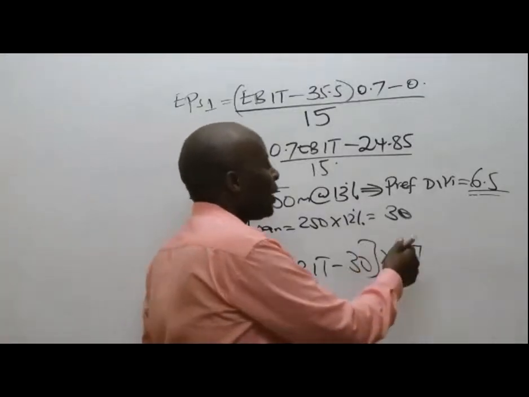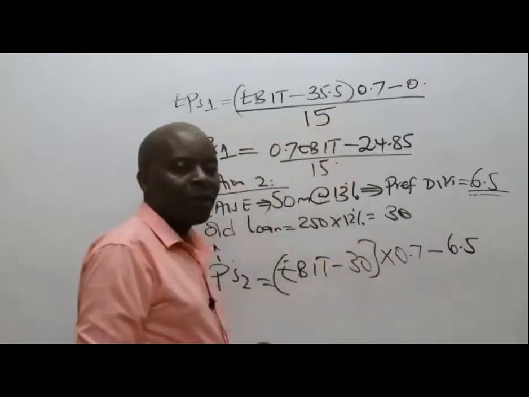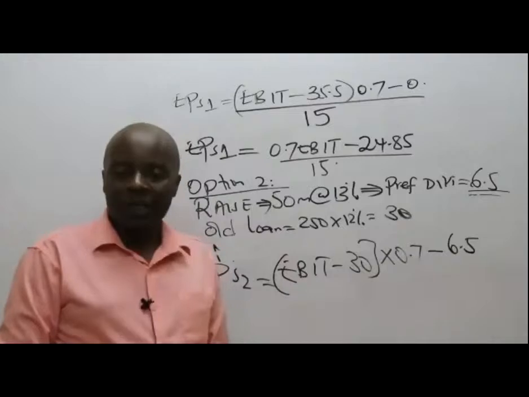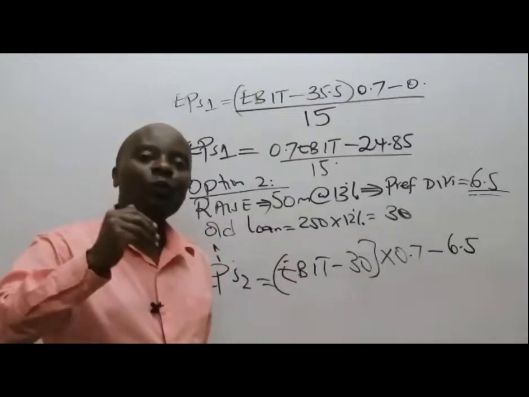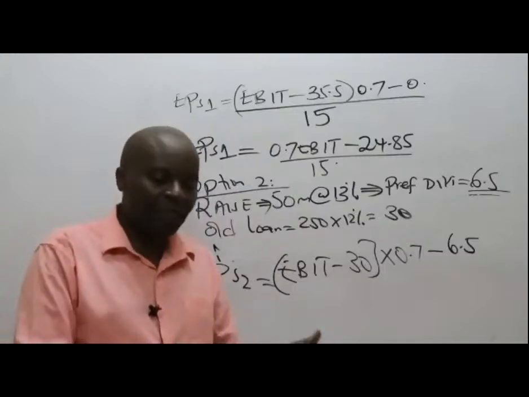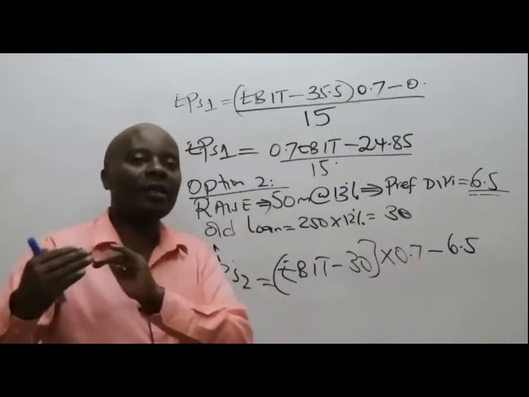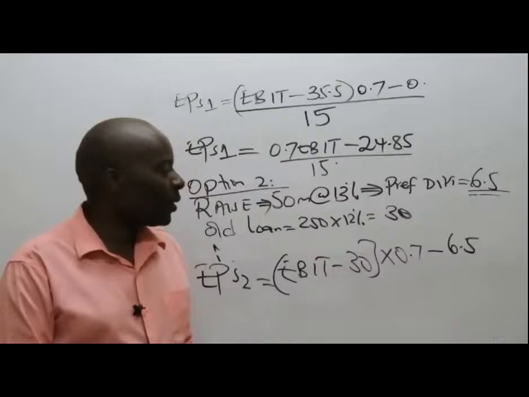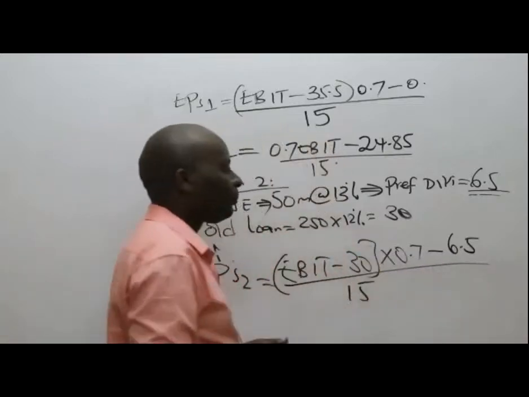Minus my preference dividend, which is 6.5. Remember, preference dividends have to be outside the taxation bracket, because preference dividends are basically appropriations out of the profit after tax. It comes after the tax, over the number of ordinary shares that you gave me as 15.